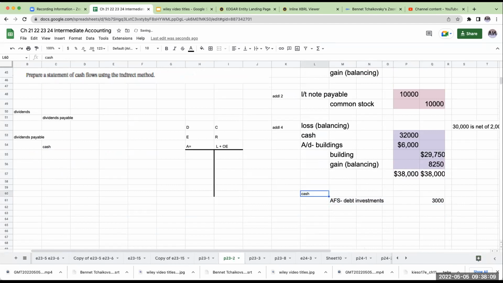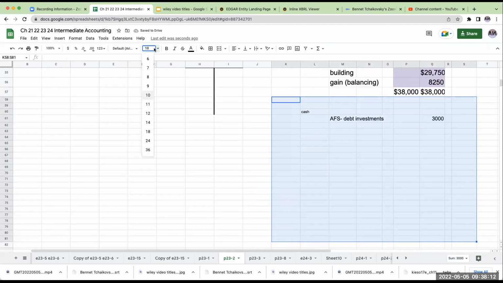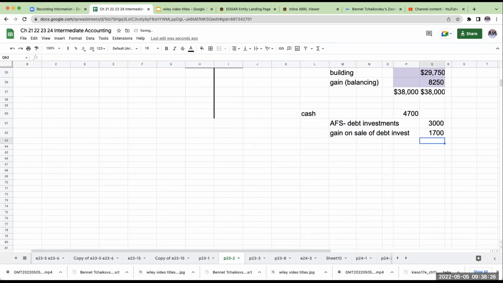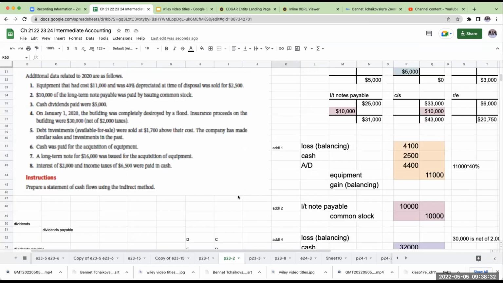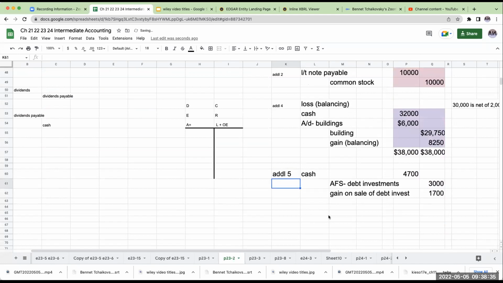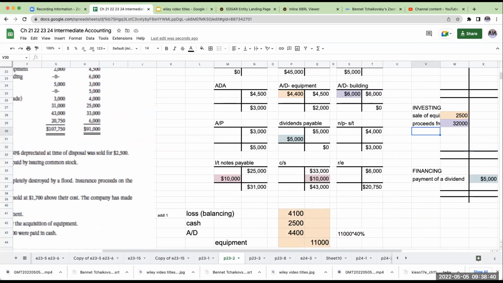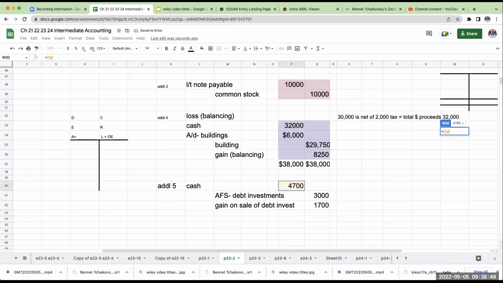So my cash received would have been right over here, 3,000 plus 1,700. So that's how much money I received. So this is going to be a gain on sale of debt investments for 1,700. Now for this piece of additional information, additional information number 5, the cash is going to show as sale of available for sale investment. And this is going to be the cash for 4,700.